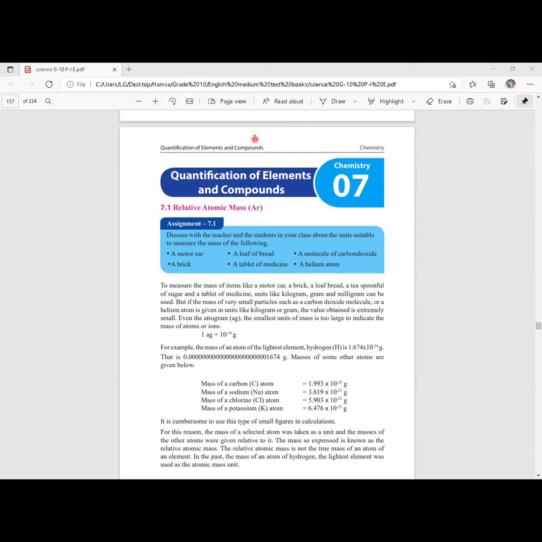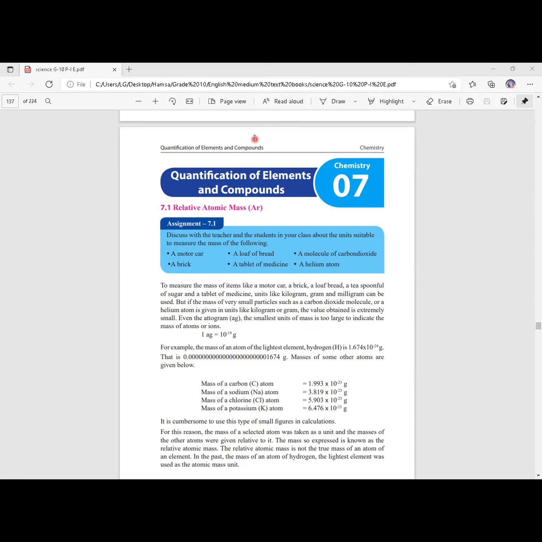We have used up to now milligram, gram, kilogram, ton. Have you heard about tons, children? Yes, miss. Okay, good. How many kilograms is 1 ton? 1,000 kilograms is equal to 1 ton. Yes, very good.